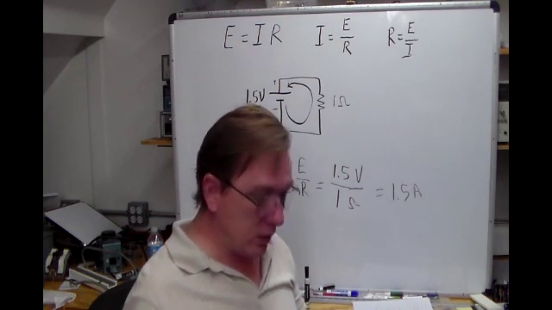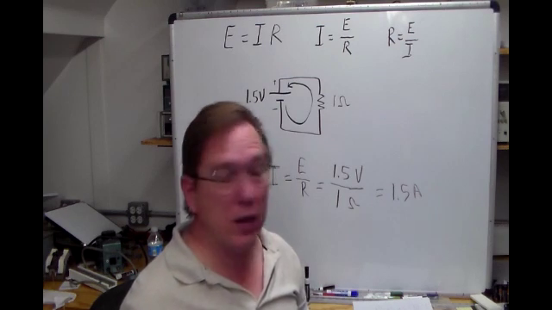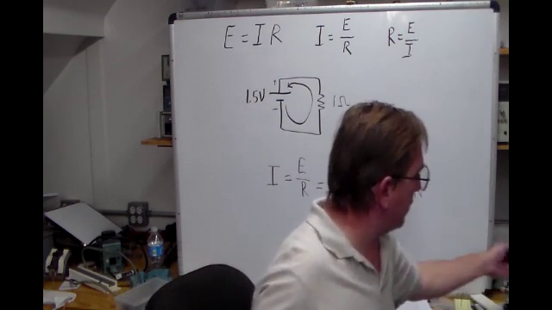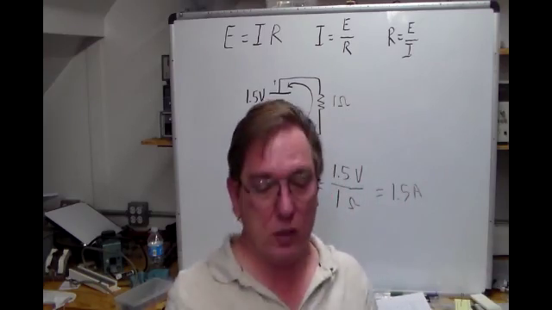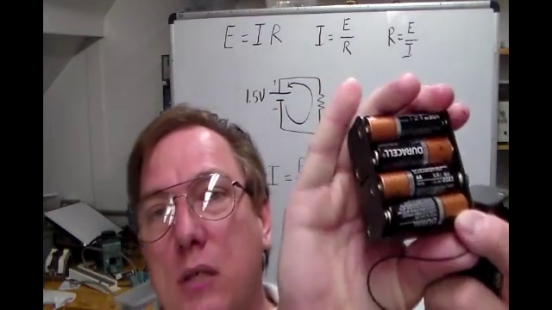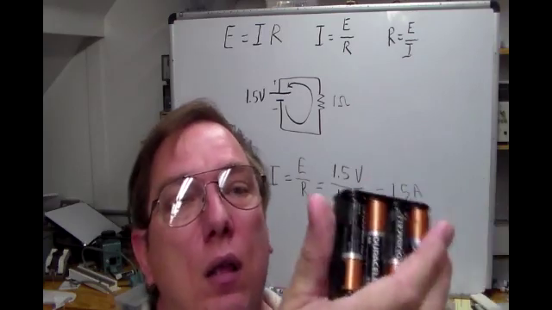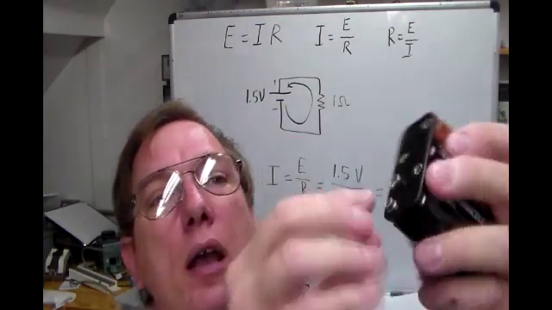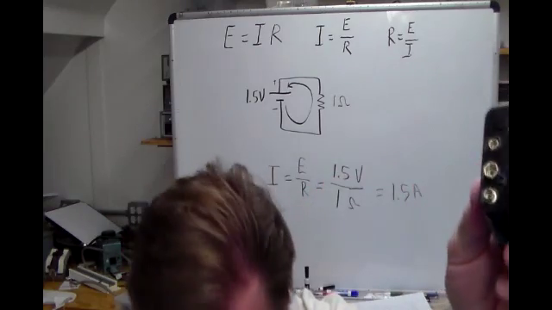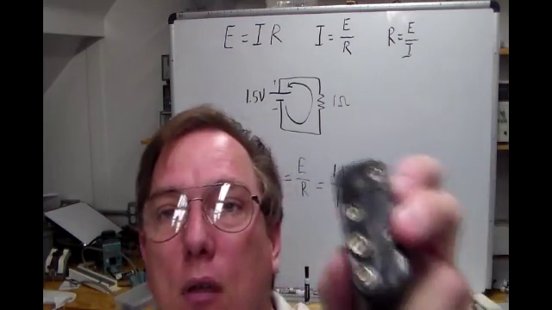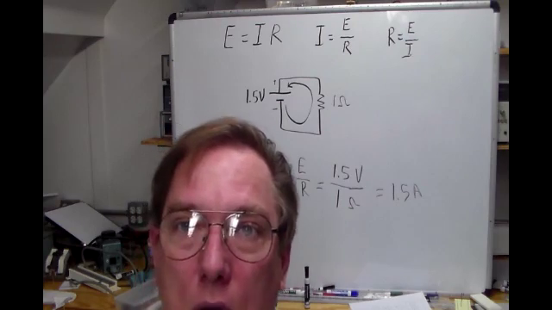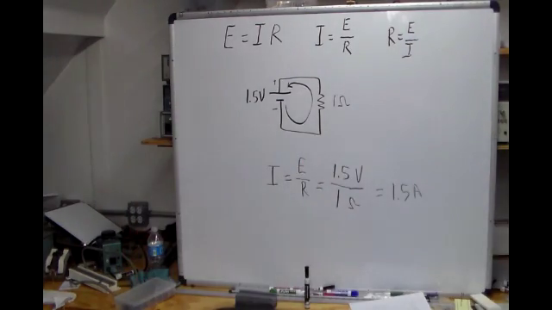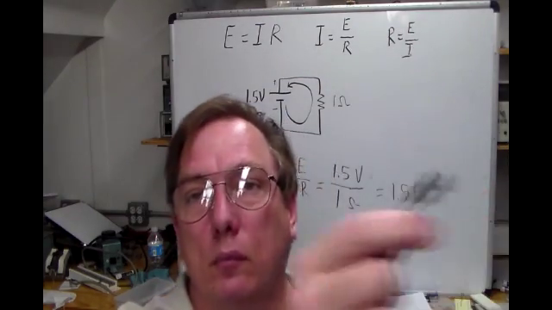So resistor values you're going to be able to get from Radio Shack at this point. I'm going to use values such as 1.5 volts, which is a single cell, and you can see right here, this thing came from Radio Shack. It's got 8 cells in it, and it's got the little thing on top that you can hook the plug that you use for 9-volt batteries on it.